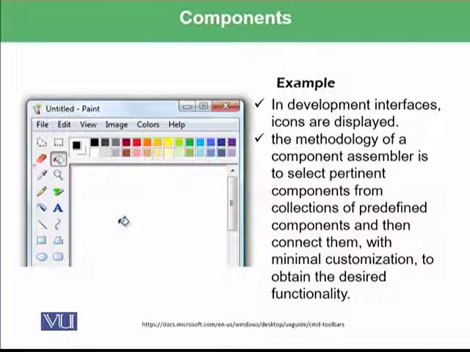For example, this component is a rubber component. Whatever you want to remove from the screen, you can use or call this component to remove. Similarly, this is the brush. If you want to write anything, you need to click this component. If you want to draw different shapes, you can use all of these components.